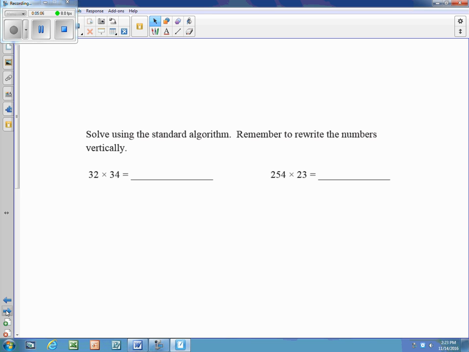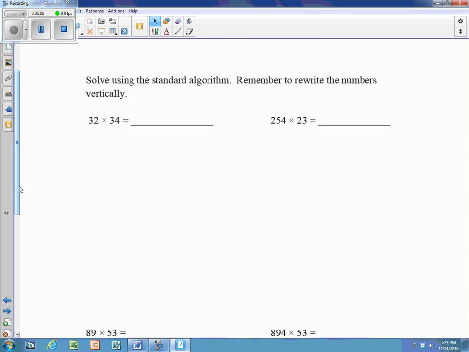Next, we're doing the standard algorithm. I'm going to just do this quietly so you can just check your answer using what I have written.